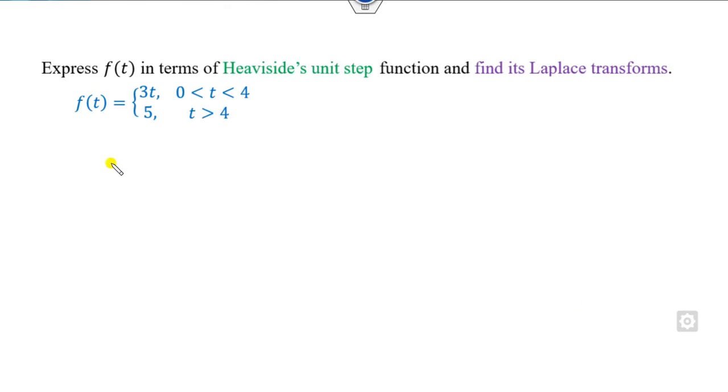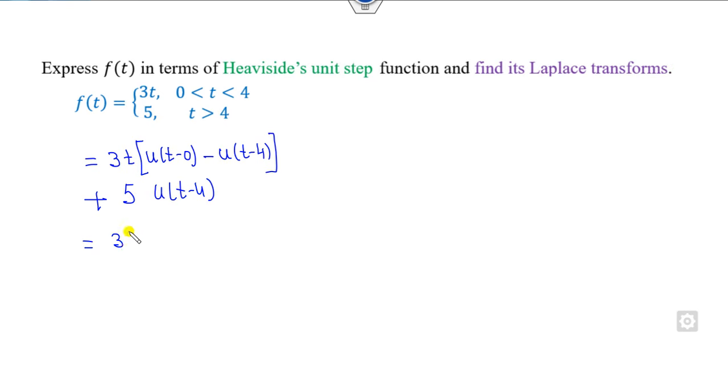You can see the next question. Again, you have to write it in the unit step function: (t minus 0) minus (t minus 4), plus 5 u(t minus 4). I can open this bracket: u(t minus 0) is here, plus (5 minus 3t) will be u(t minus 4).